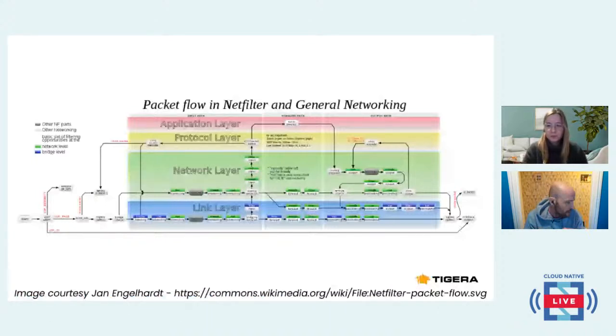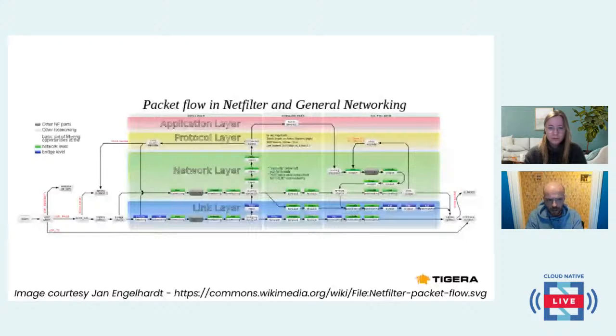People will be pleased that I'm not going to go through every part of this diagram, but what we're looking at here is the flow of traffic through a Linux node. This image is courtesy of Jan Engelhardt, and you can see it on Wikipedia. It shows that as a packet comes into a Kubernetes node or any Linux host, it comes in on the left-hand side, works through this complex flowchart, and then packets leave on the right-hand side.